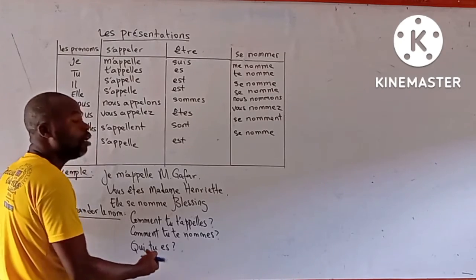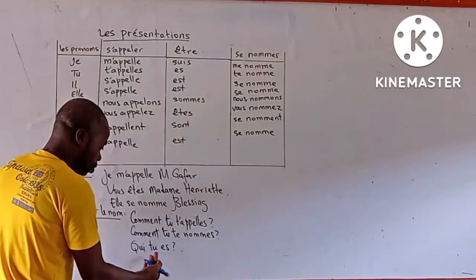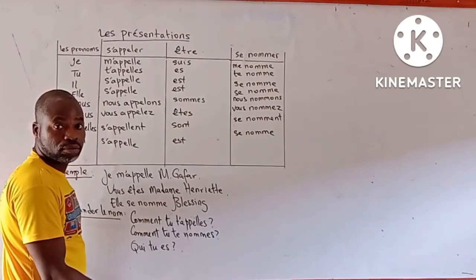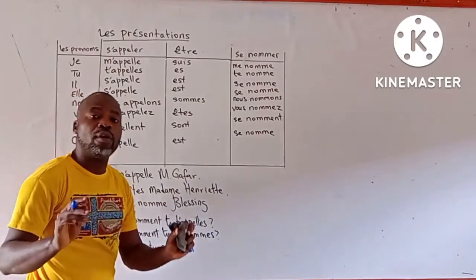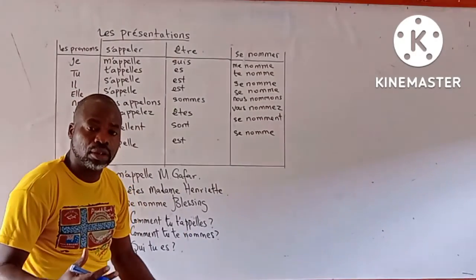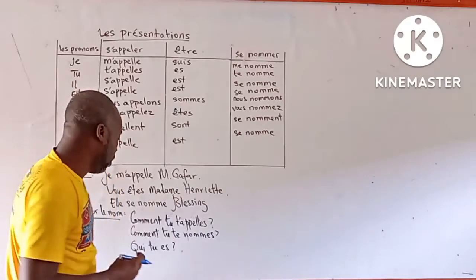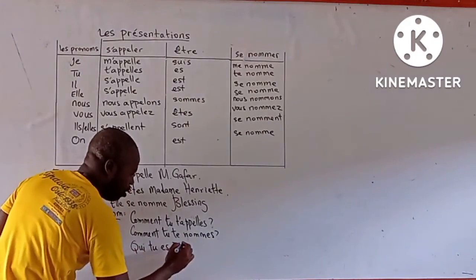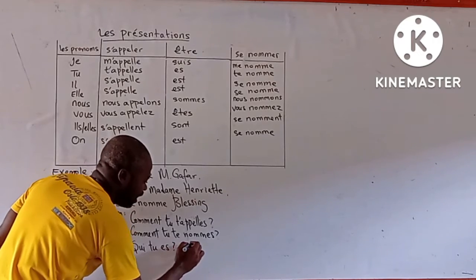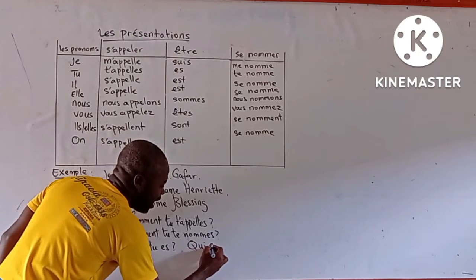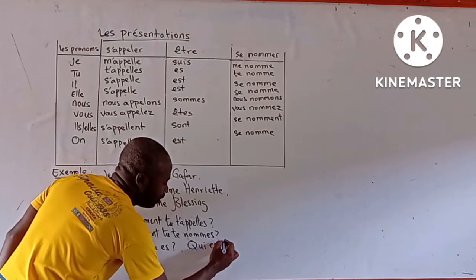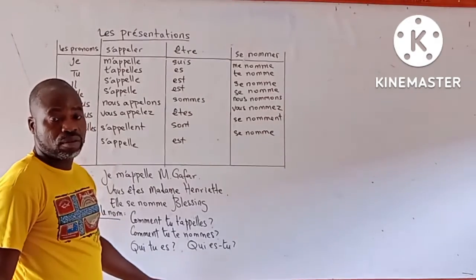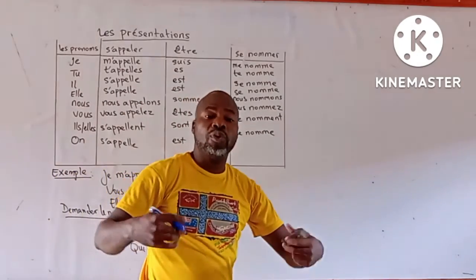It can also be tu es qui? When we get to how to form interrogative sentences, we will see more. D'accord? You can also have qui es-tu? So this is how to ask someone's name.